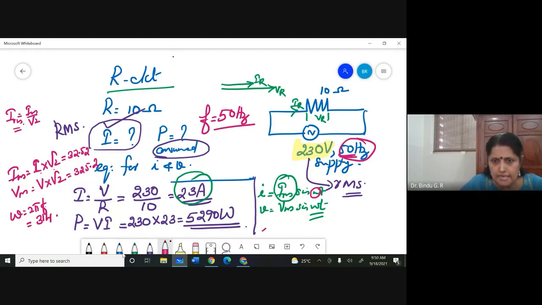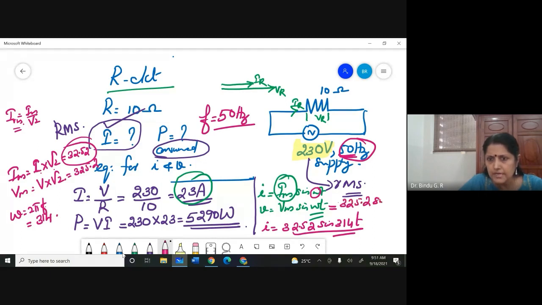So I is equal to 32.52 sine 314t, and V is equal to 325.2 sine 314t. This is how you do this problem.